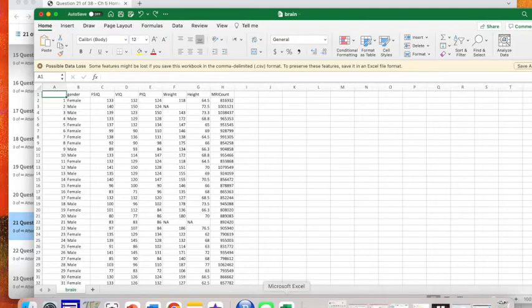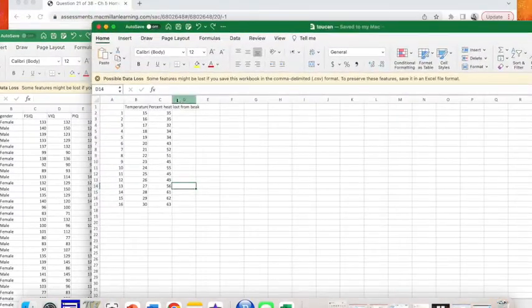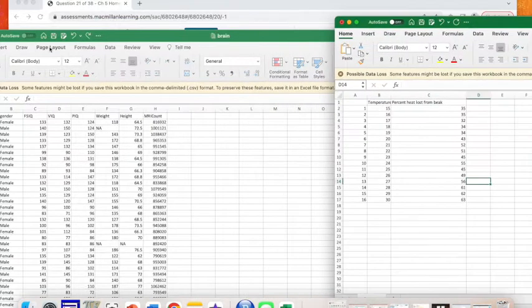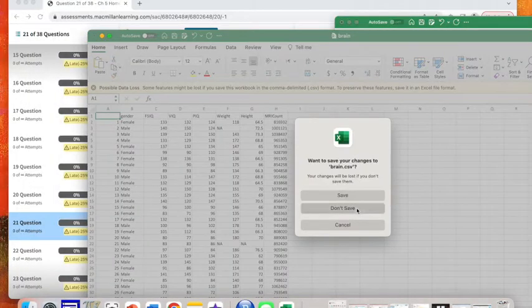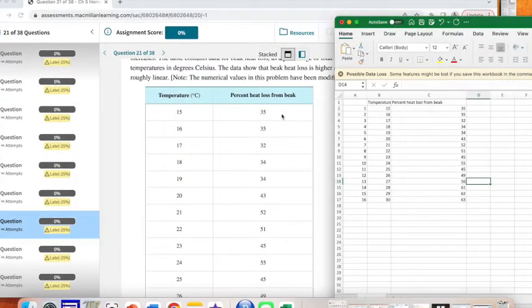So what I did was I took the data that we were given, I gave it an index, and I copied all the temperatures from the table. I can go ahead and close this. Don't save. I copied all the temperatures from the table so you can see, okay, 15, 35, 16, 35.